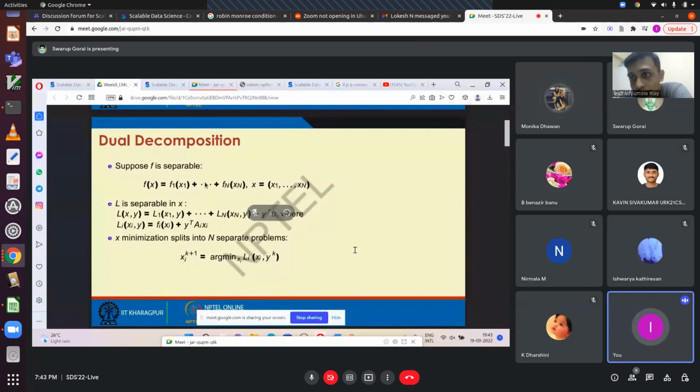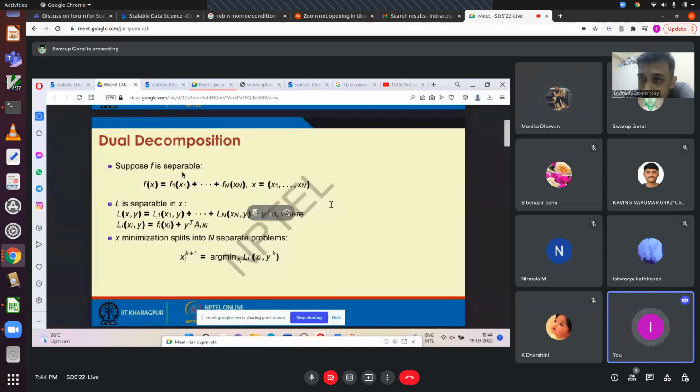So it is decomposable into two parts, or in general into n parts. Then the loss on the n parts is also decomposable. So if you have a plus b, then loss a plus loss b becomes the thing.